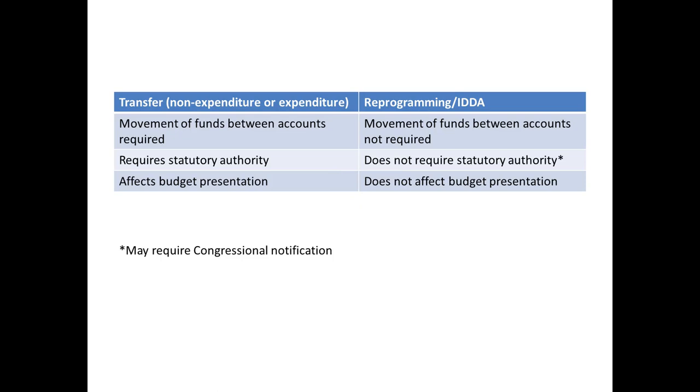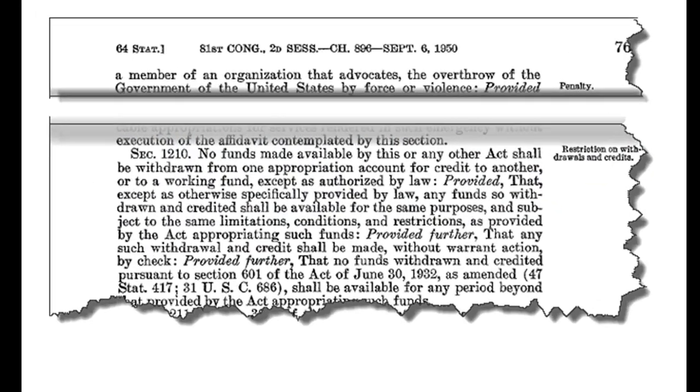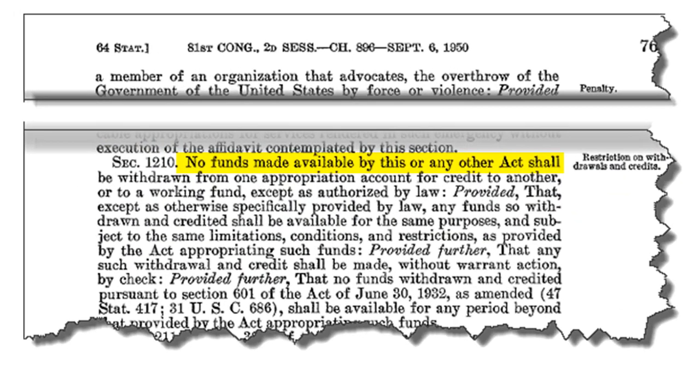Okay, let's sum up. This presentation has focused primarily on the permissible augmentation of Treasury accounts, spending somebody else's money. We've investigated exceptions to the 1950 prohibition that no funds made available under this or any other act shall be withdrawn from an appropriation for credit to another except as authorized by law.